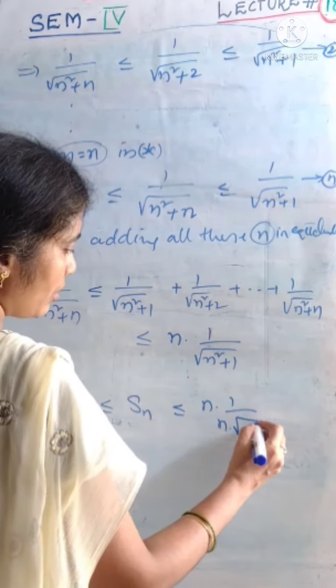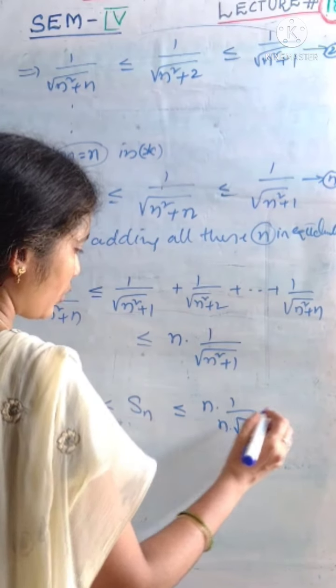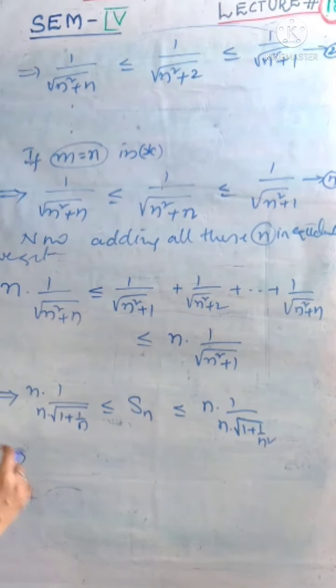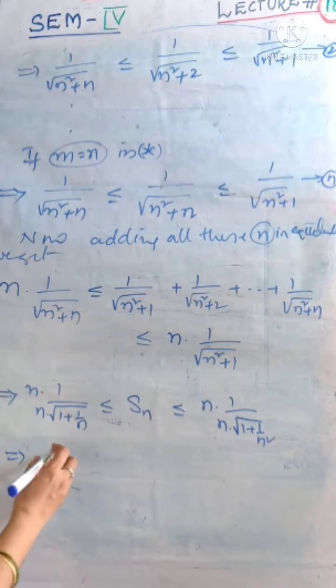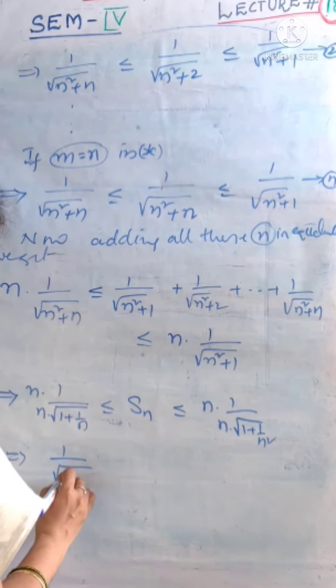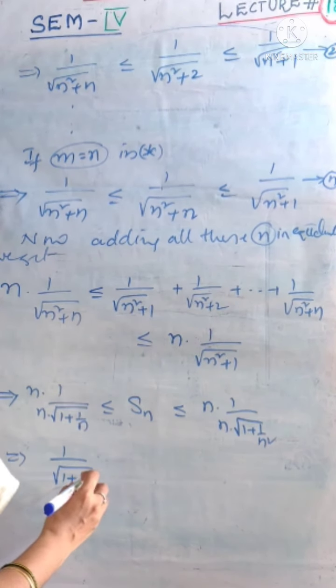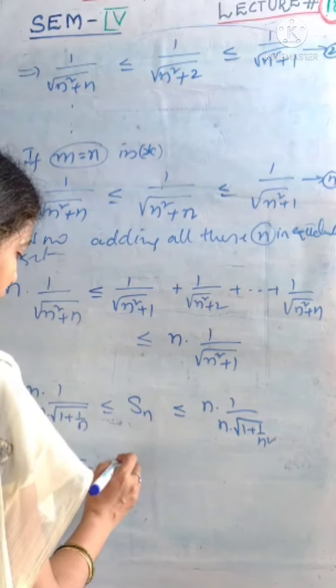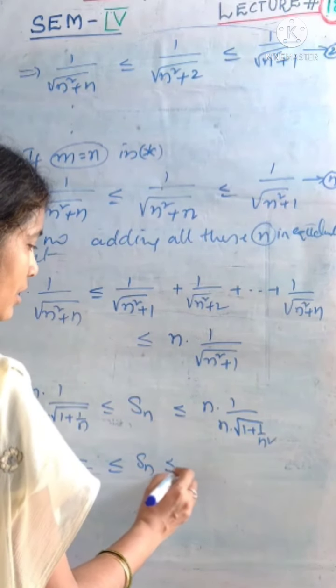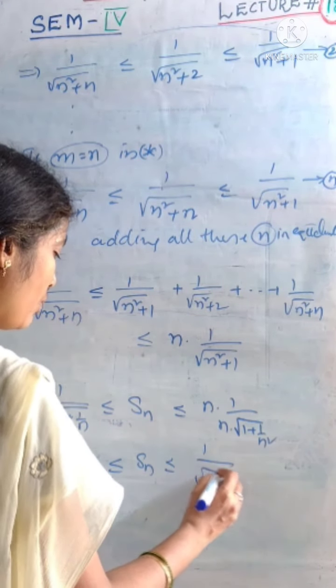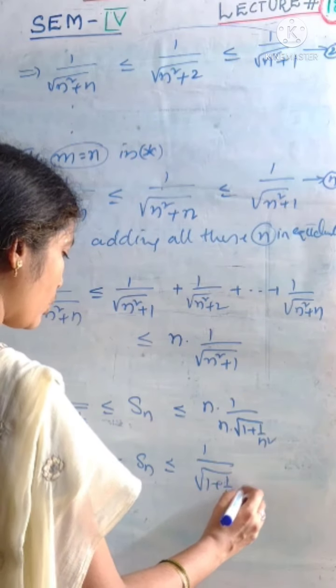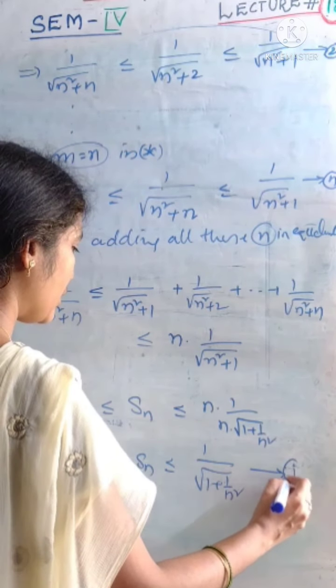We have n, 1 plus 1 by n square, which means by cancelling n we have 1 by square root of 1 plus 1 by n is less than or equal to Sn is less than or equal to 1 by square root of 1 plus 1 by n square. This is 1.